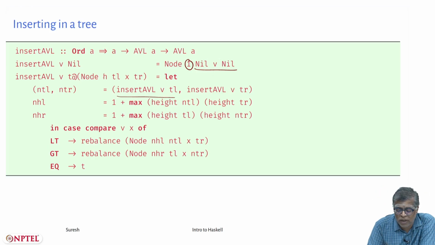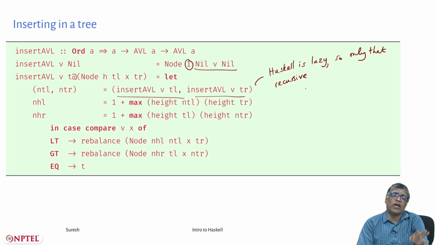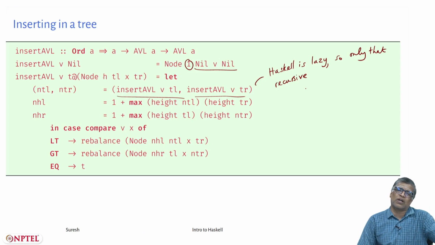Notice here once again, so I've written NTL and NTR. NTL is the new tree on the left and NTR is the new tree on the right. NTL means insert AVL, insert v into the left tree.